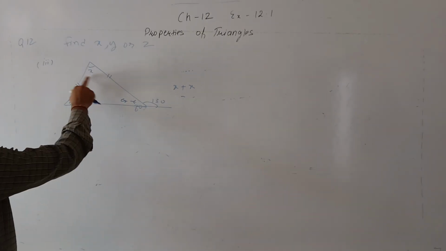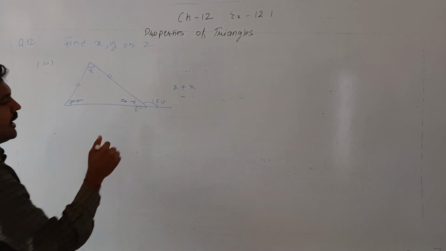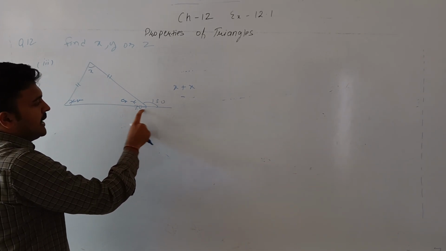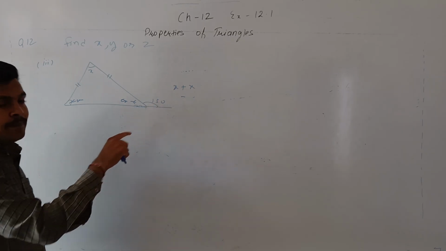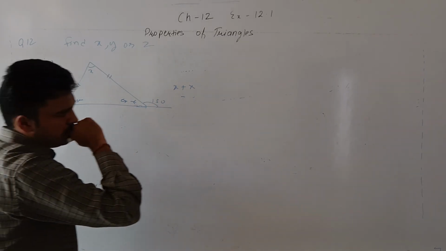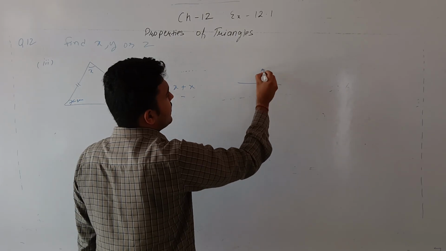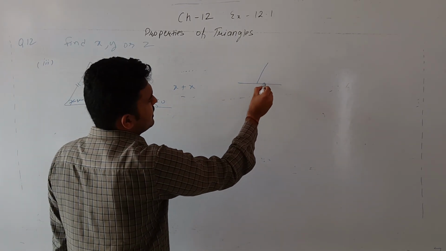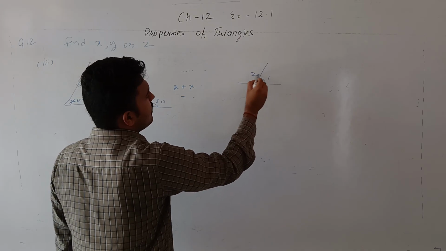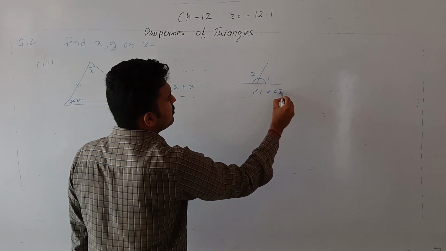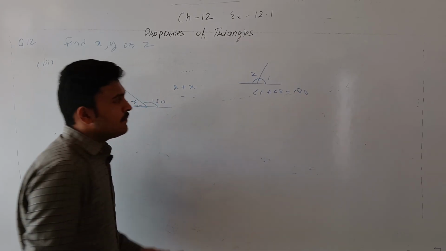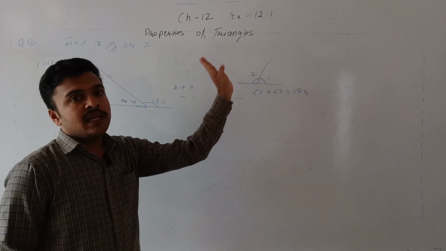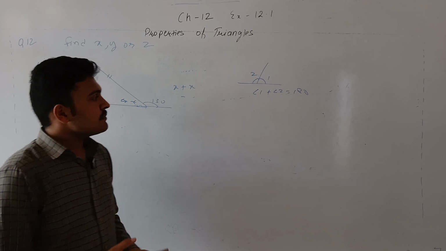Now this angle is x, and this exterior angle is given as 130. We know that for a straight line the total angle must be equal to 180, or angle 1 plus angle 2 must be equal to 180, because the total angle subtended by a line is 180.